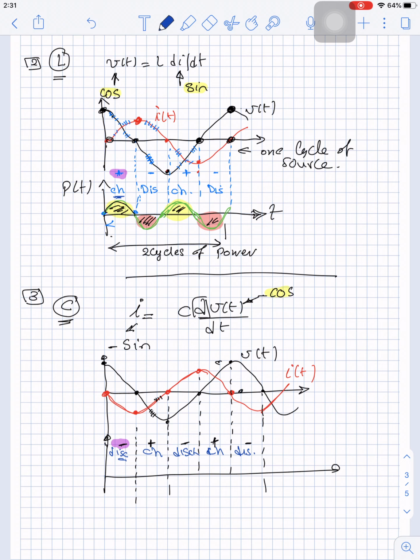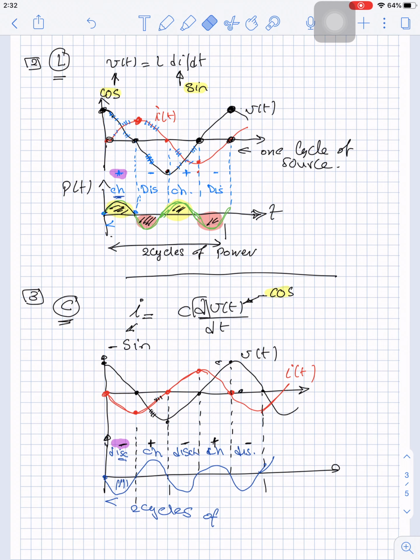So it will be a sine wave, but this sine wave is reversed. So this is the power for a capacitor. It's a sine wave, but it starts negative. As you can see here, per one cycle of the source, you have 2 cycles of power.